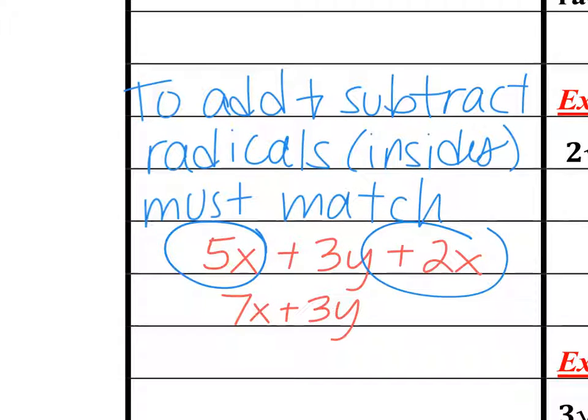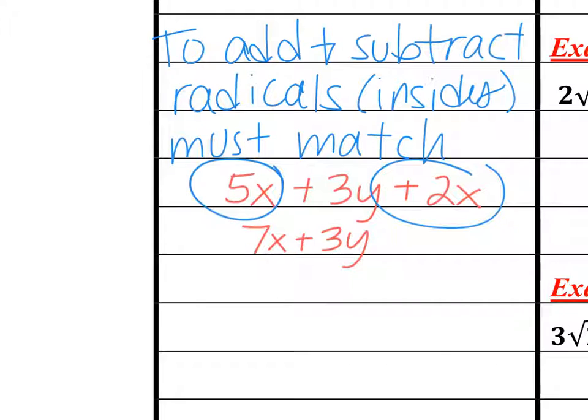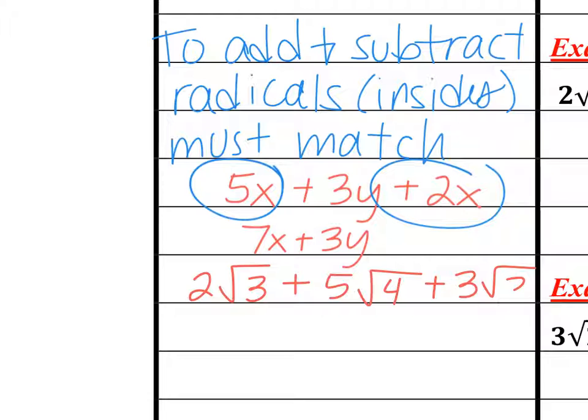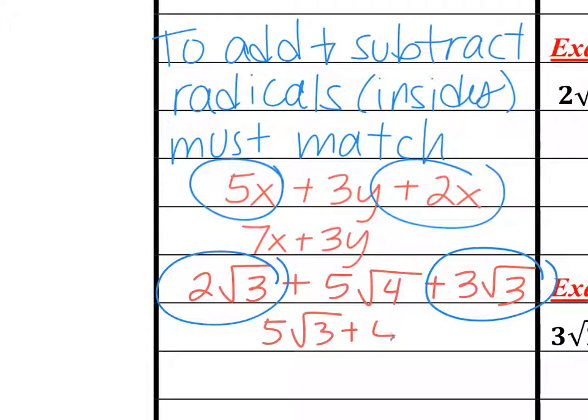Same thing goes for radicals. If I have 2 root 3 plus 5 root 4 plus 3 root 3, these are my like terms because they have the same radicand. The number underneath the radical is the same. So this would be 5 root 3 plus 5 root 4.